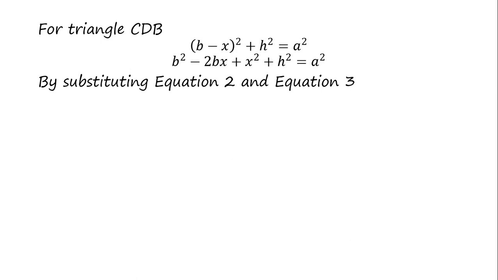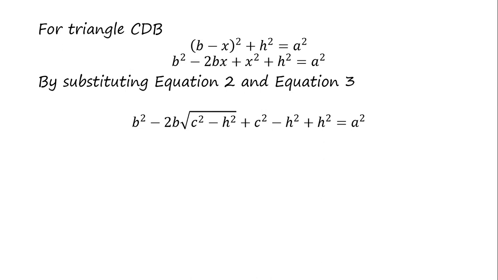So substituting, x was the root of c squared minus h squared, and x squared was c squared minus h squared. If we make that substitution, we shall come up with that expression.